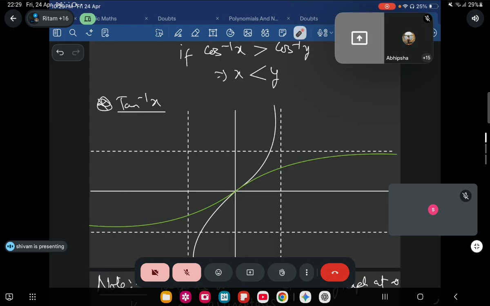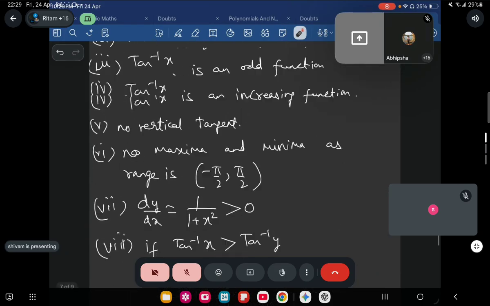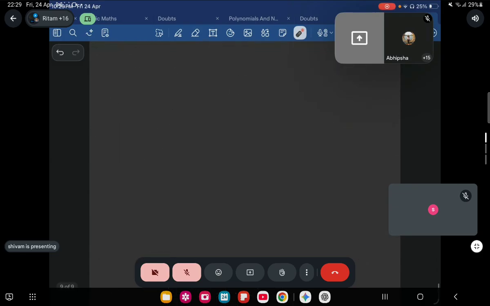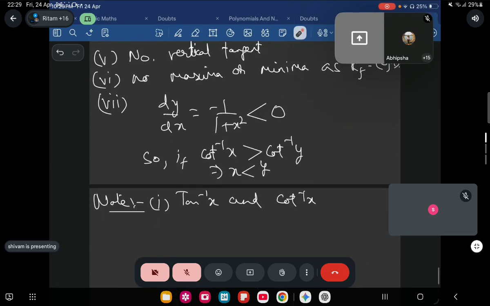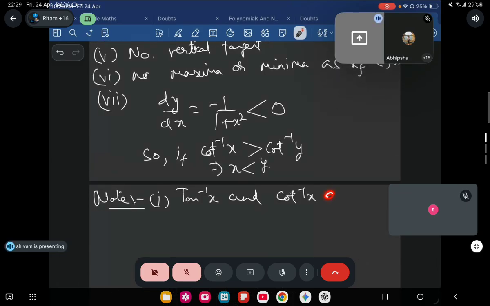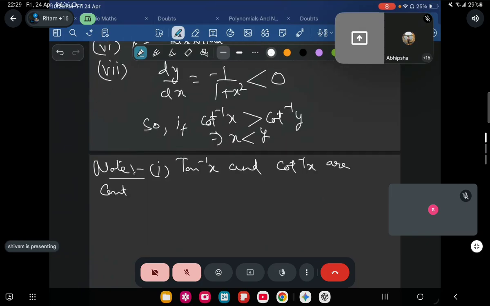For example, any cubic. Tan inverse x and cot inverse x are continuous and monotonic.